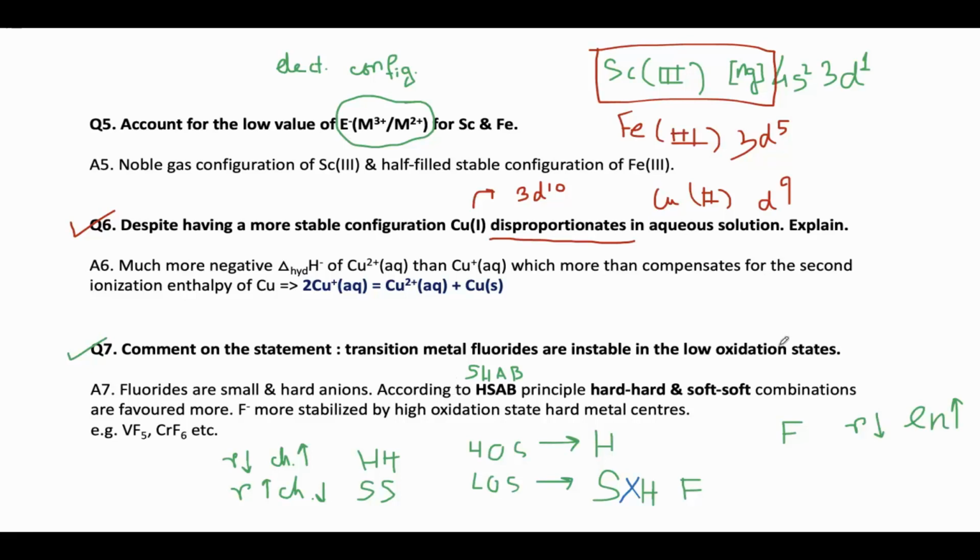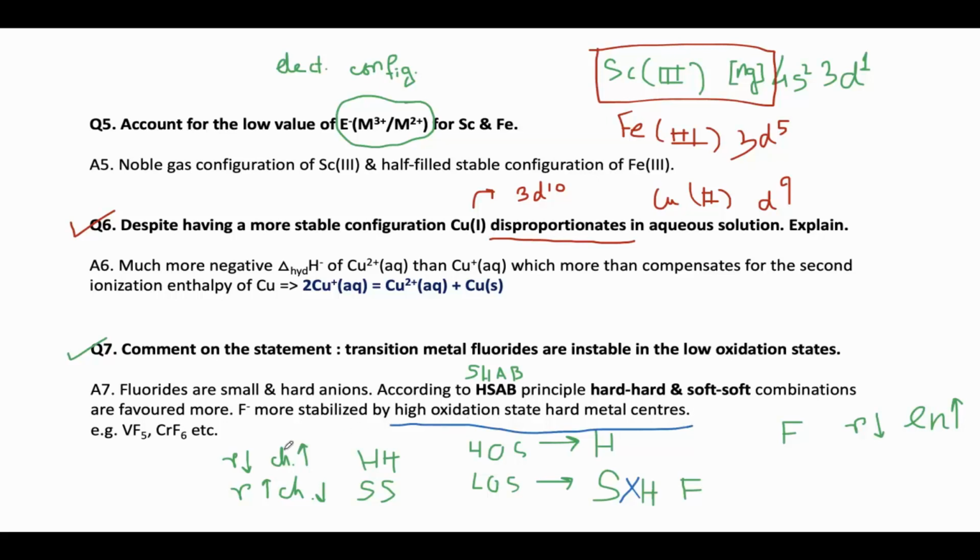The low oxidation state metals are soft and fluorine is hard. And so the fluorines are stabilized by the high oxidation state hard metal centers. That is written here. So the high oxidation state hard metal centers will be stabilized by the fluorides.